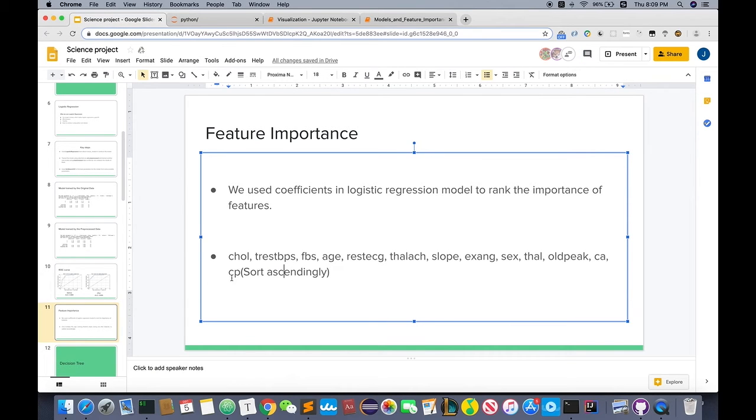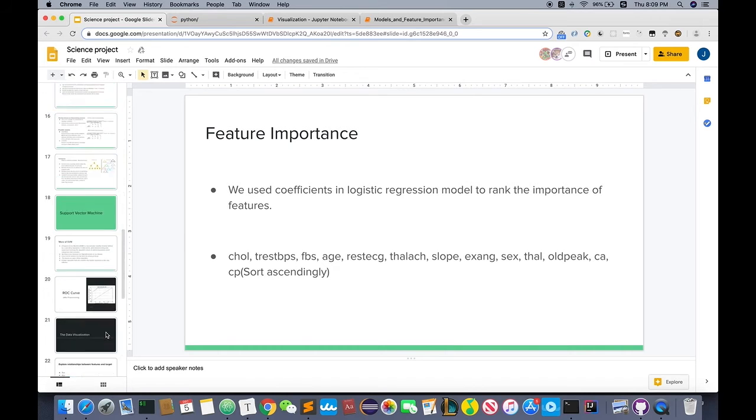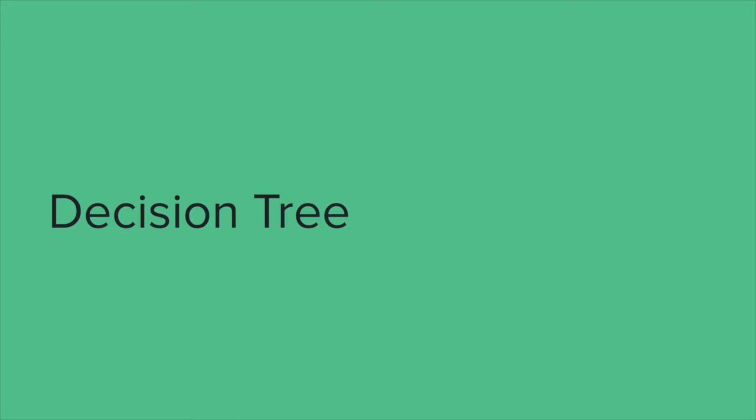Then we will get a good sorted list, and we can find that some features like CP, which is the chest pain experienced by people, and we can maybe explore the relationships between CP and our target in data visualization. So let's take a look.